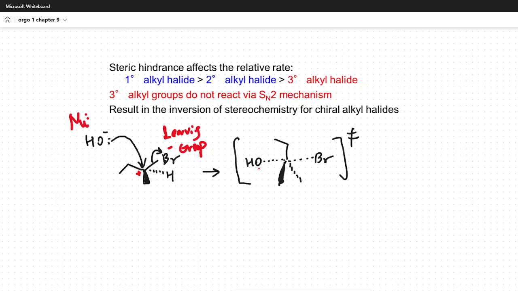While the leaving group leaves, which means this bond is going to be broken eventually, at the same time, simultaneously, the hydroxide is going to form a new bond with this carbon. During this transition state, this carbon is similar to an sp2 carbon, which means it is going to be a perfect trigonal planar geometry.